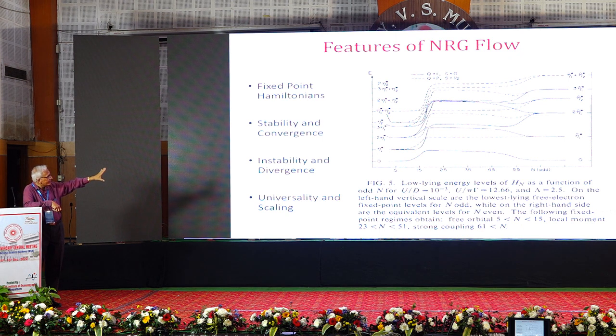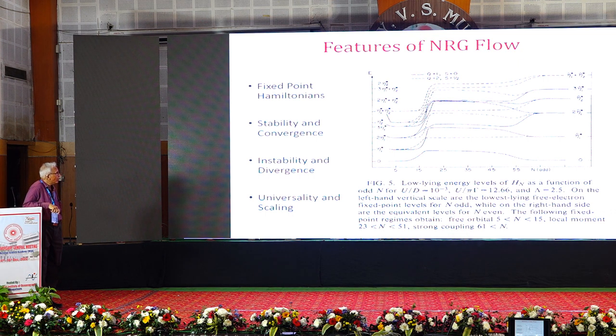For small n, this is in a limit. For example, I've drawn this picture in the limit when this U is very small compared to the bandwidth. Okay, but nevertheless, U is much smaller than this hybridization amplitude.